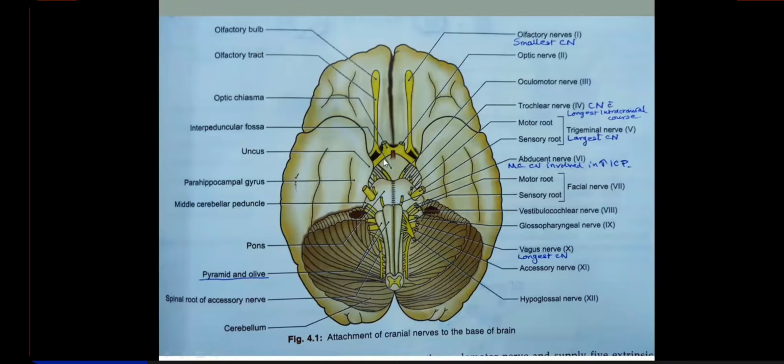The optic nerves from the two sides cross and form this optic chiasma, and these are the optic tracts which continue from the optic chiasma. Then the optic nerves enter into the orbits through the optic canal. So this one is the optic nerve, a paired nerve, the second nerve. So this and this, first and second, these two nerves arise from the forebrain.